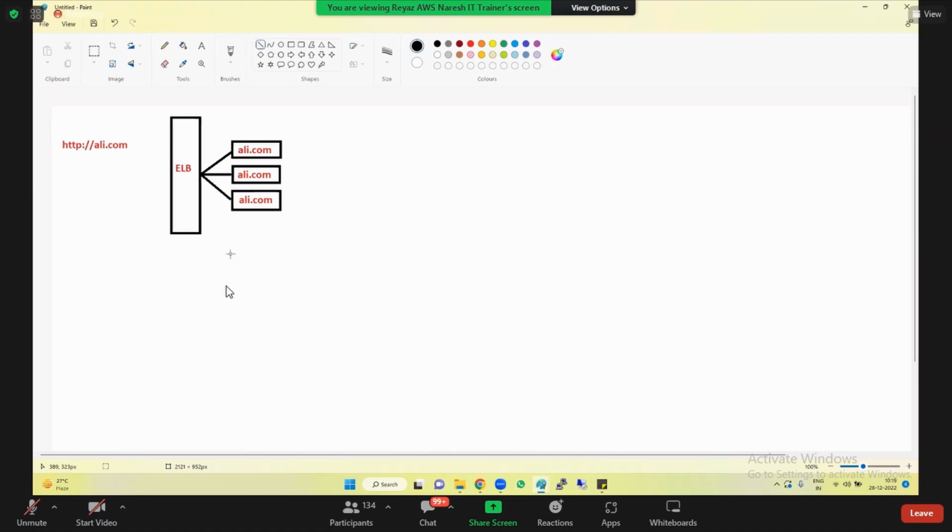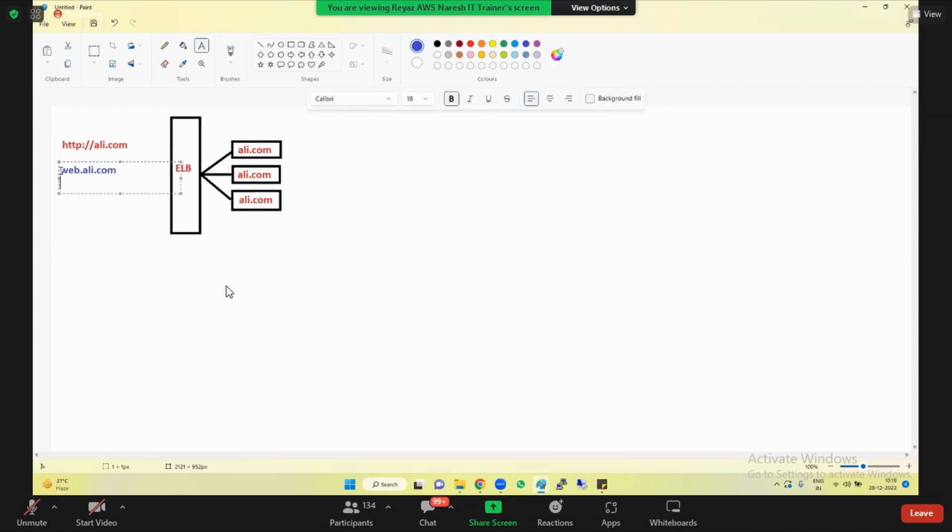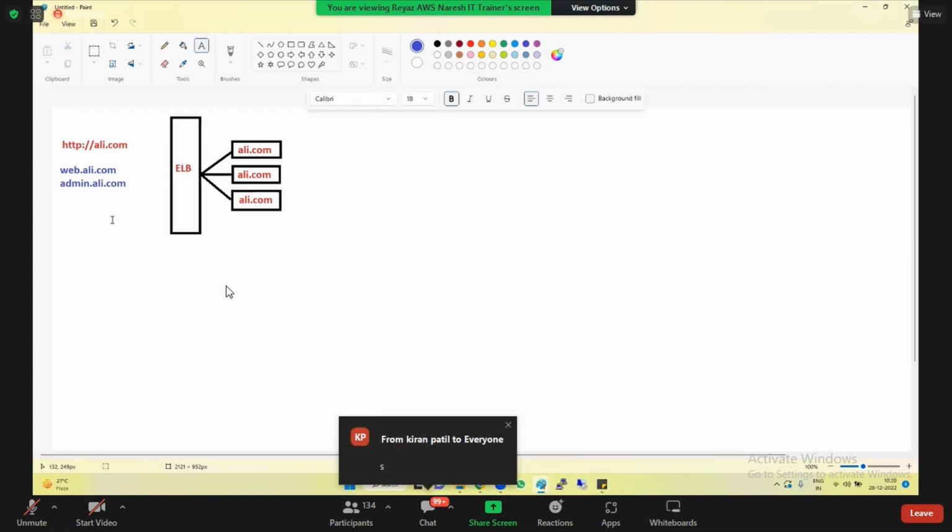Good. Now tell me, we have ali.com. So can't we have subdomains inside this? Let's say, for example, web.ali.com. Or admin.ali.com? You should have it, no? So if I need web.ali.com, can I push the traffic to this load balancer? Guys, ali.com is different.